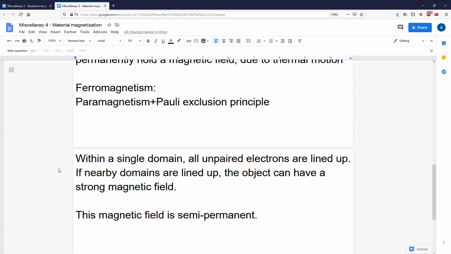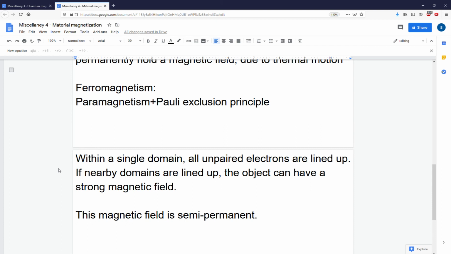The Pauli exclusion principle is why you can't have all of your electrons in an atom in the ground state. You know, you can only have 2 in the first level, 8 in the second level, and so on. That's because no 2 electrons can have exactly the same state. So you can have 2 in the lowest energy shell because you can have a spin up and spin down.